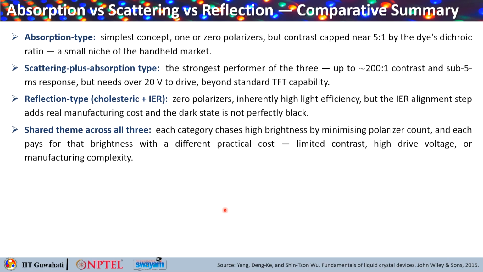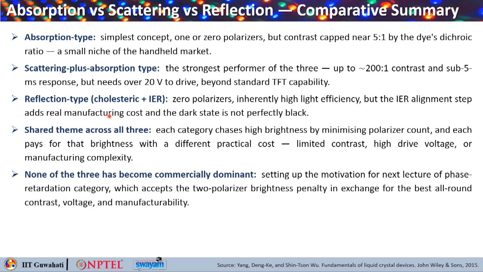Either your contrast is limited, or you require a high drive voltage, or you add more manufacturing complexity and cost. Because of all these problems, none of these three has become commercially dominant.